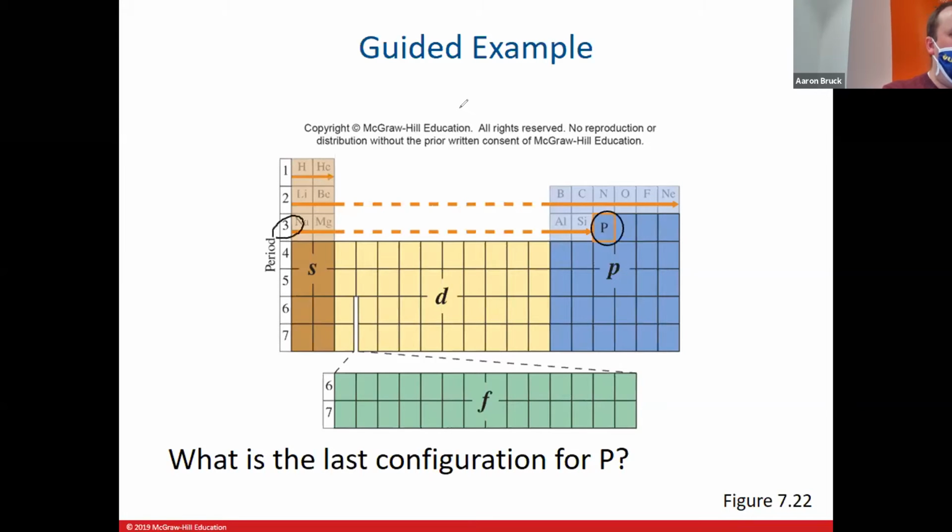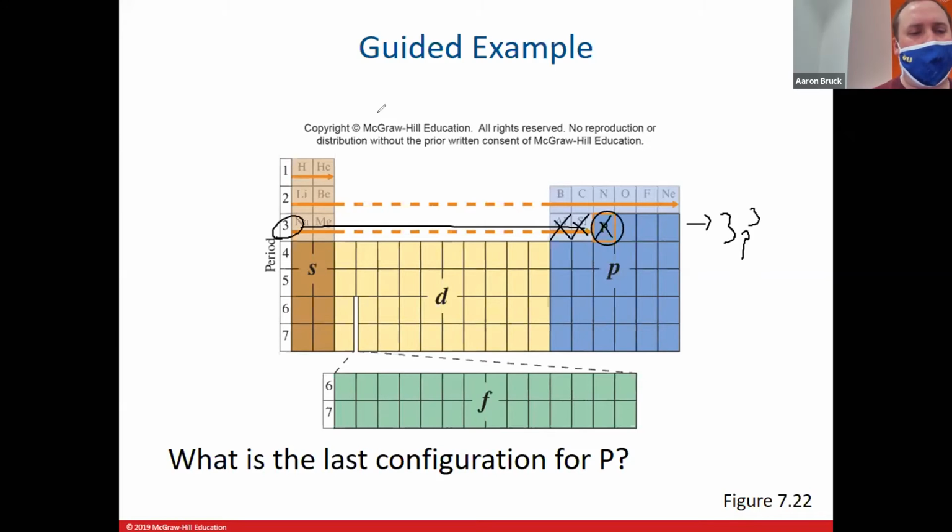This is the 3rd energy level, the P block, and it's the 1st, 2nd, 3rd element. So its last configuration would be 3P3. If necessary, I would just fill in all the rest from there.